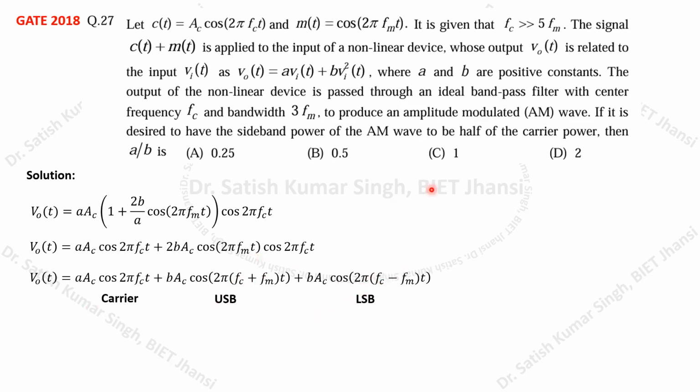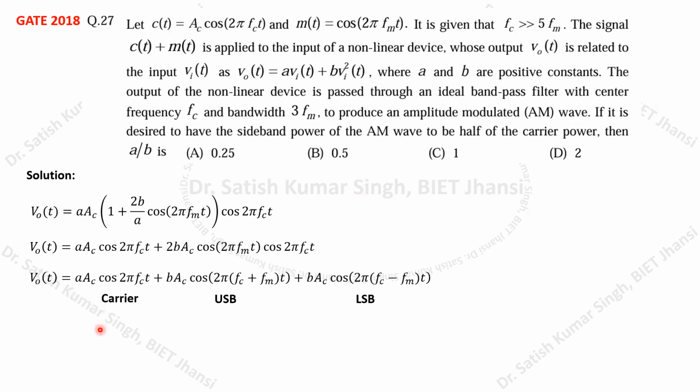Now, if you see this condition, here it is asked that it is desired to have the sideband power of the AM wave to be half of the carrier power. So first we have to calculate the power of the carrier wave, and then we have to calculate the sideband power. Here is our carrier, and the amplitude of the carrier is A Ac.